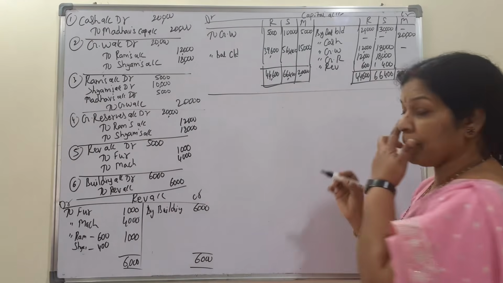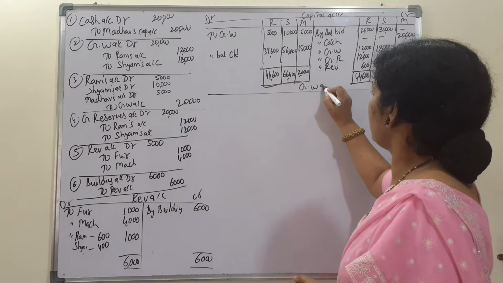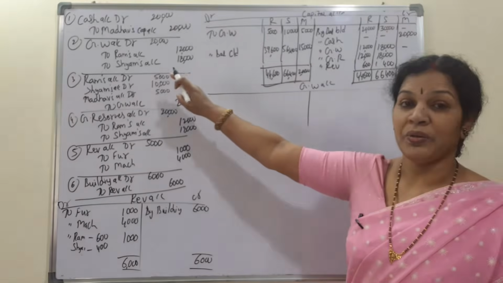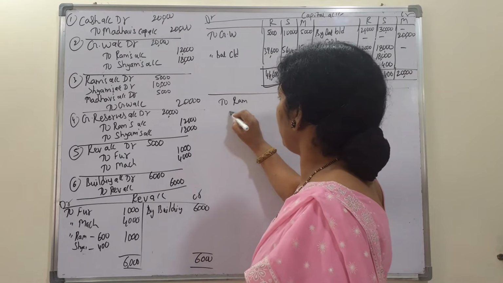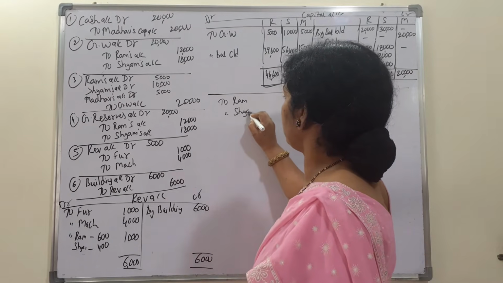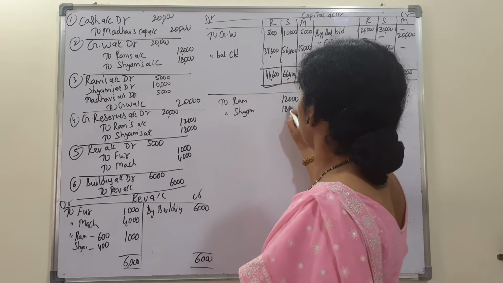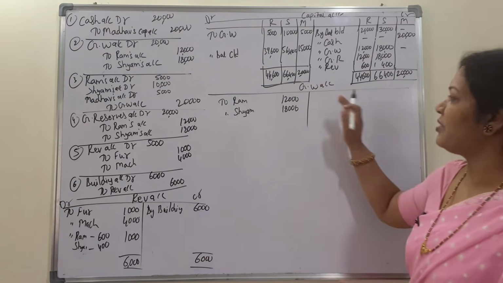Next, after that we can open even the goodwill account also. Goodwill account. First of all, for creating goodwill, account credited to Ram and Shyam. So to Ram and Shyam, 12,000 and 18,000. After that, goodwill is written off. Written off means it's on the credit side.